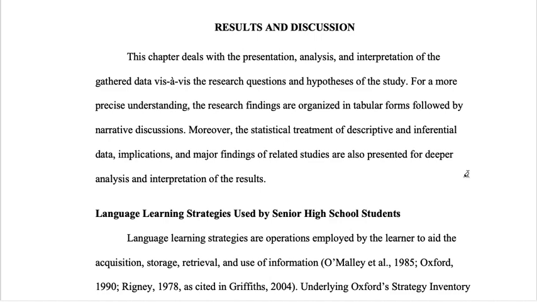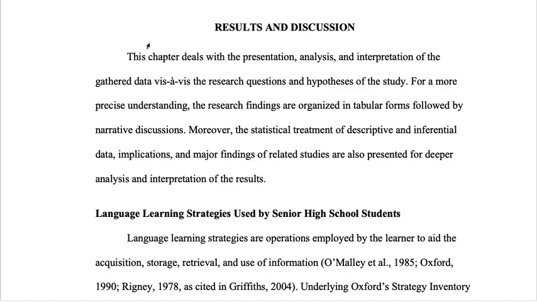So, take note that we begin our results and discussion with a preamble. Alright? And the preamble consists of the summary of what we did to interpret and present our data, the summary of the contents of the results and discussion, and a transition to research question number 1.